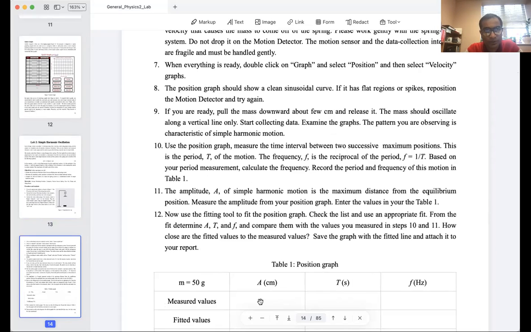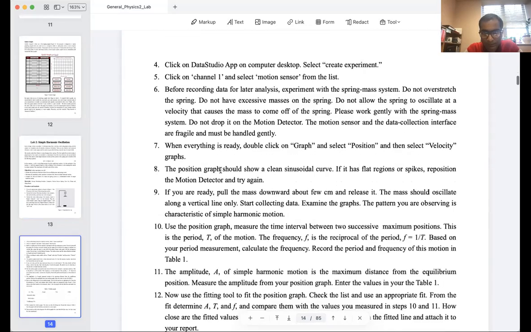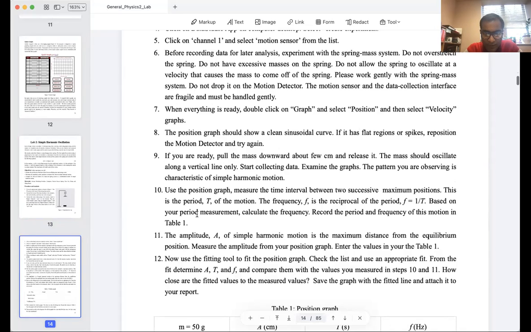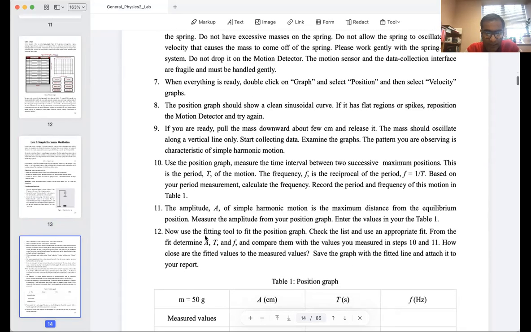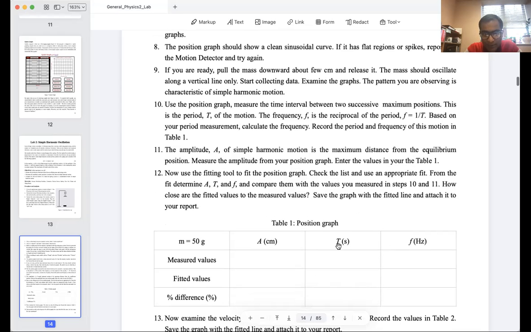For example, in this lab 2, if you follow this instruction, you will see that you need to calculate the frequency. You probably measured the time period using the Science Workshop interface, and then you have to calculate the frequency f by using this equation.